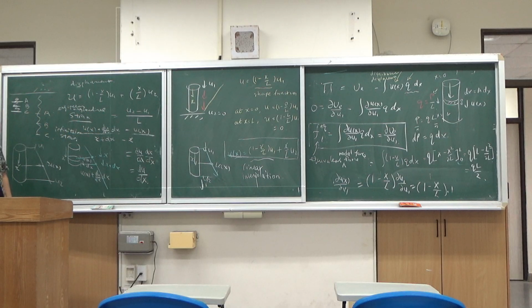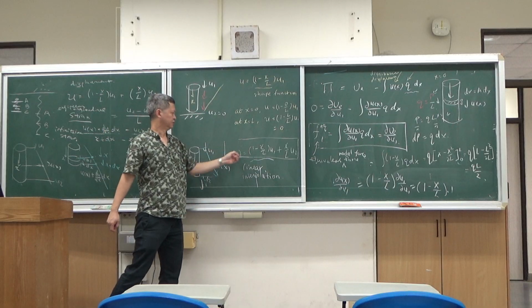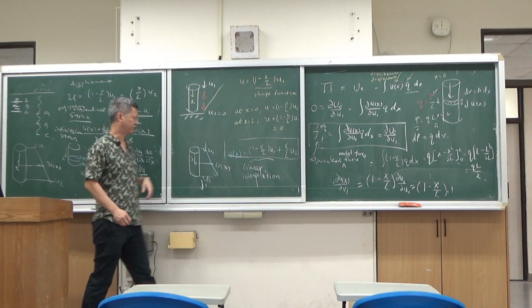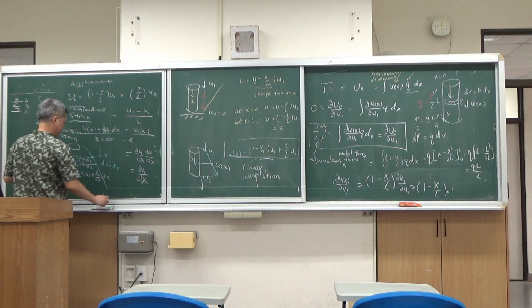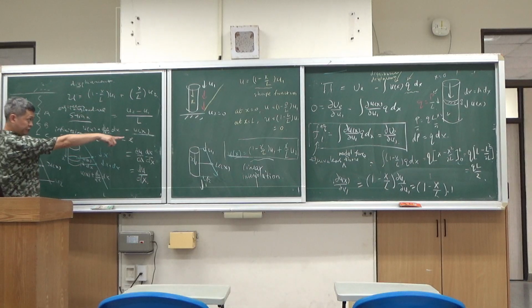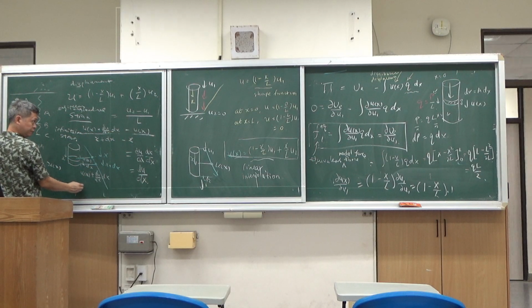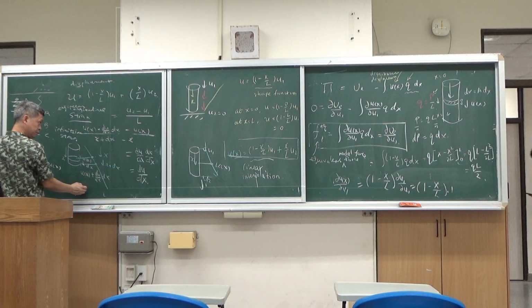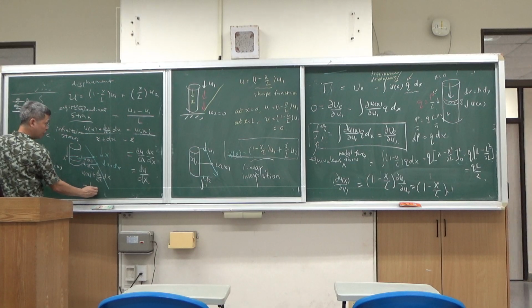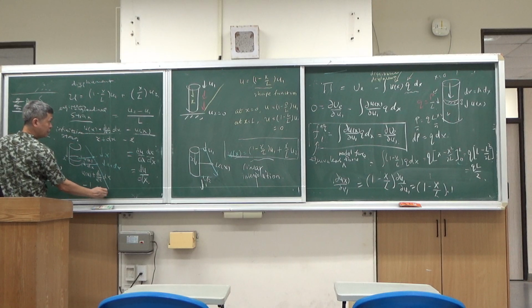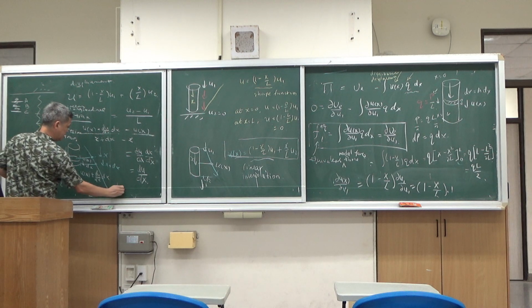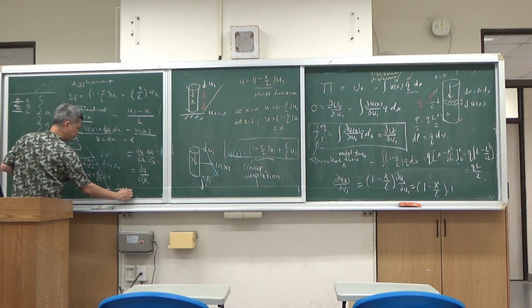So based on this, what are you going to have? If you now do this derivative, you are going to have minus 1 over L u1 plus 1 over L u2.